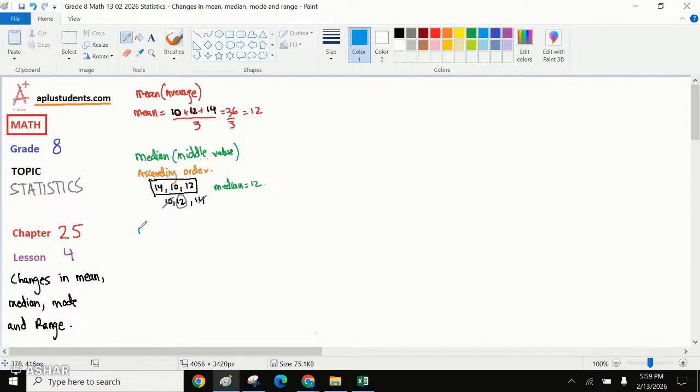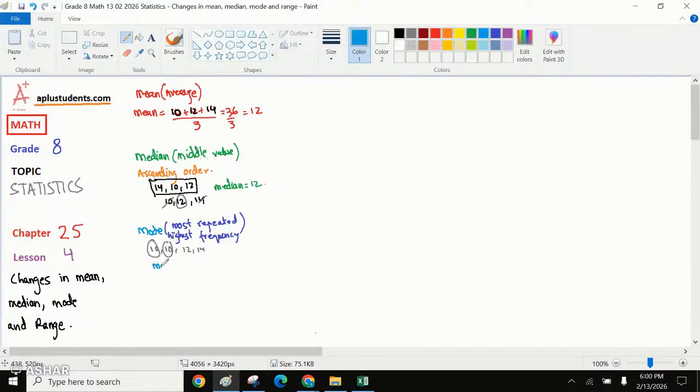Let's look at the mode. Mode is the most repeated, or it is also known as the number with highest frequency. Frequency refers to the repetition, right? If the numbers given to us were 10, 10, 12, and 14, we can see 10 is repeated twice.